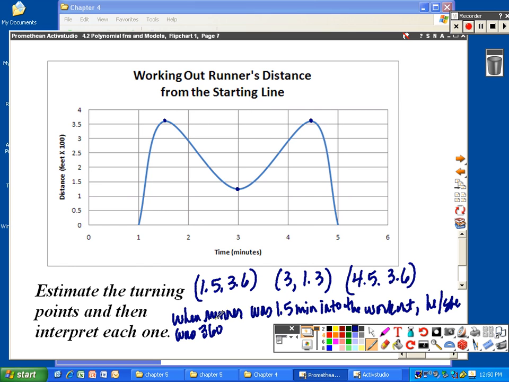I take 3.6 times 100, that's moving two places. 360 meters from the start.